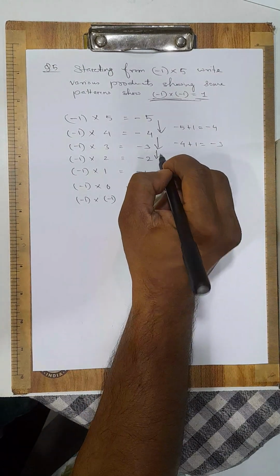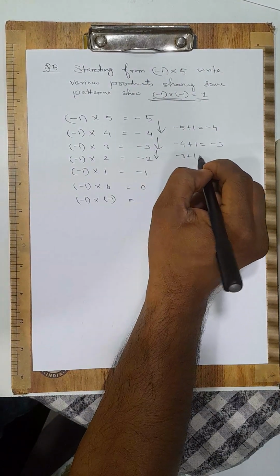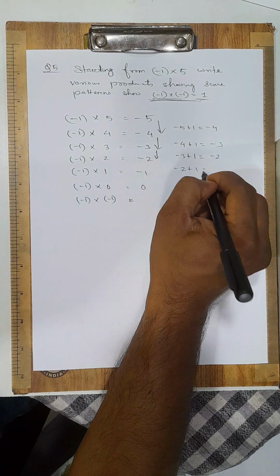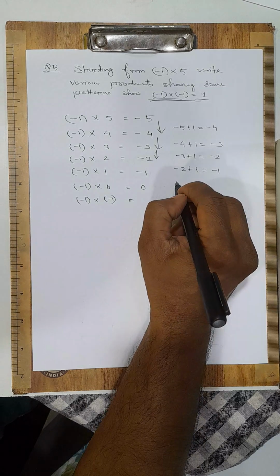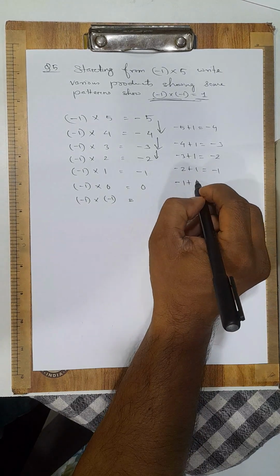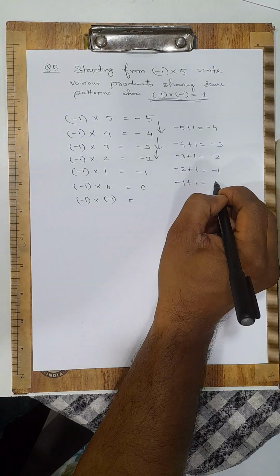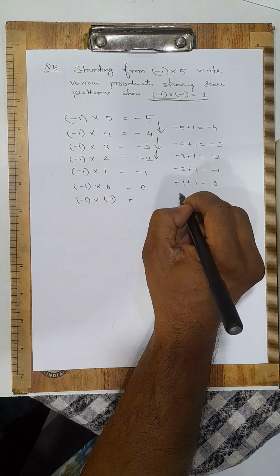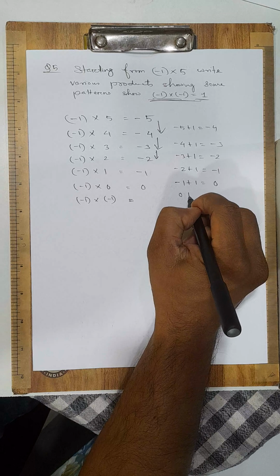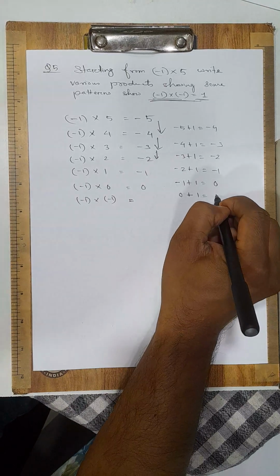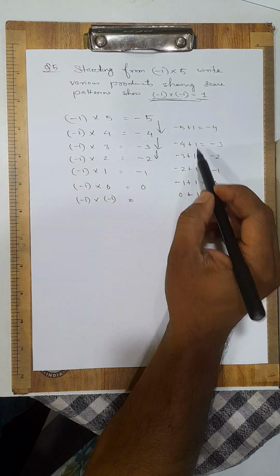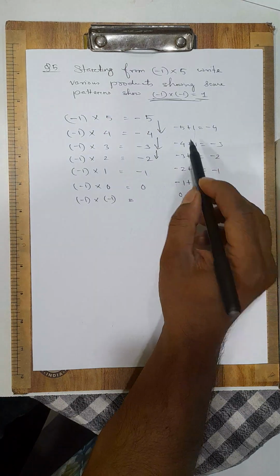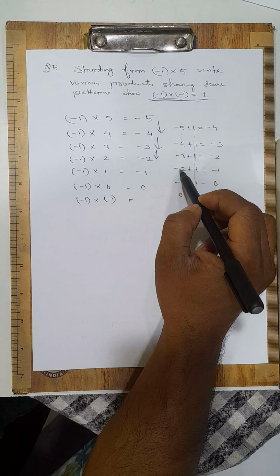Again minus 3 plus 1 equal to minus 2. Minus 2 plus 1 equal to minus 1. Then minus 1 plus 1 equal to 0. So next answer will be 0 plus 1 equal to 1. You see, every time we are adding 1 here, and this column is increasing.